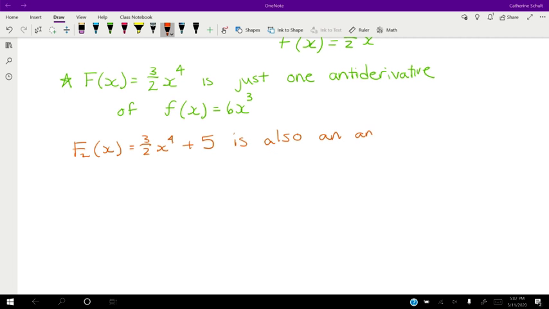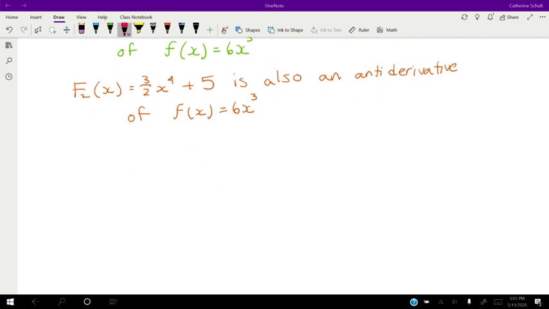What do you get? You get 6x cubed. And that's because what's the derivative of constants? It's 0. So I can add any constant to this antiderivative up here, and I'm going to get a new antiderivative. And there's infinitely many constants, right?